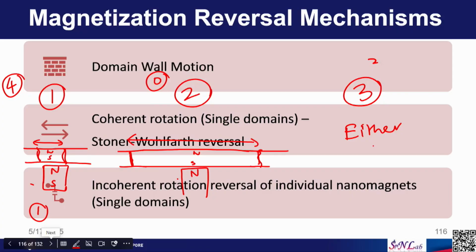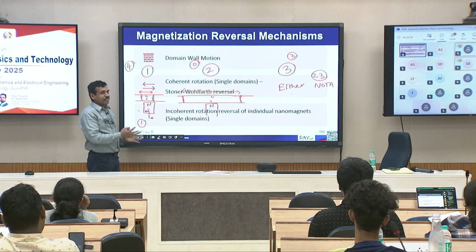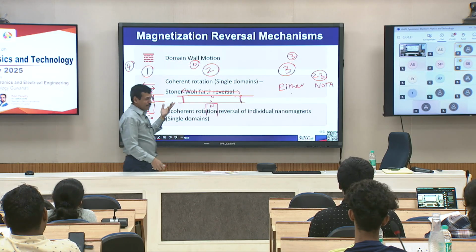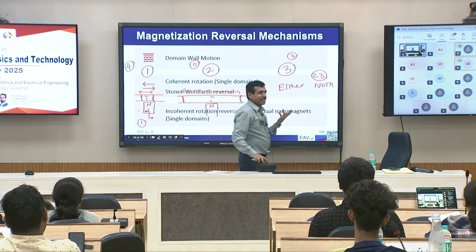So, most of you have no opinion. When you bring a magnet next to a magnetic material, nobody teaches this question in magnetism.